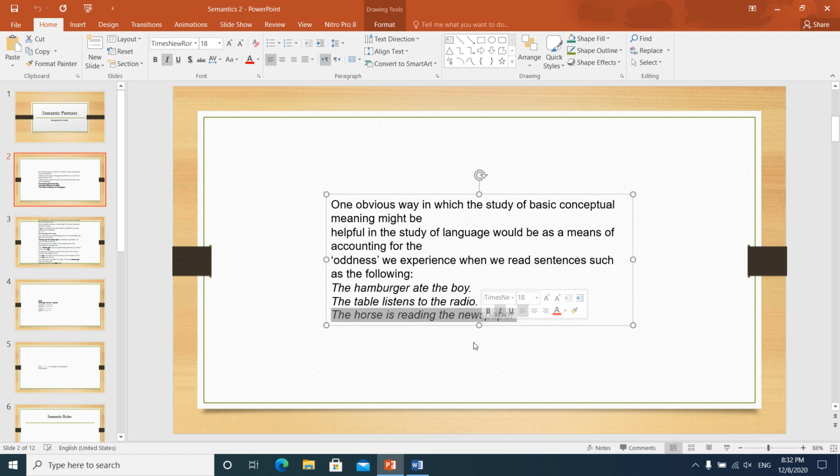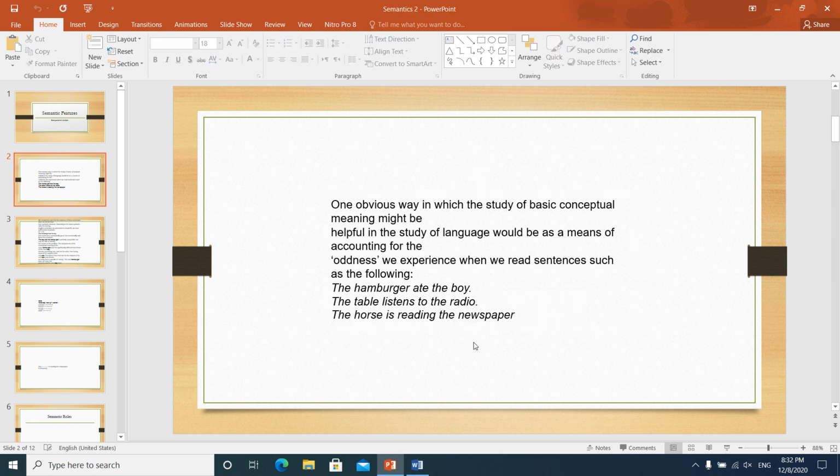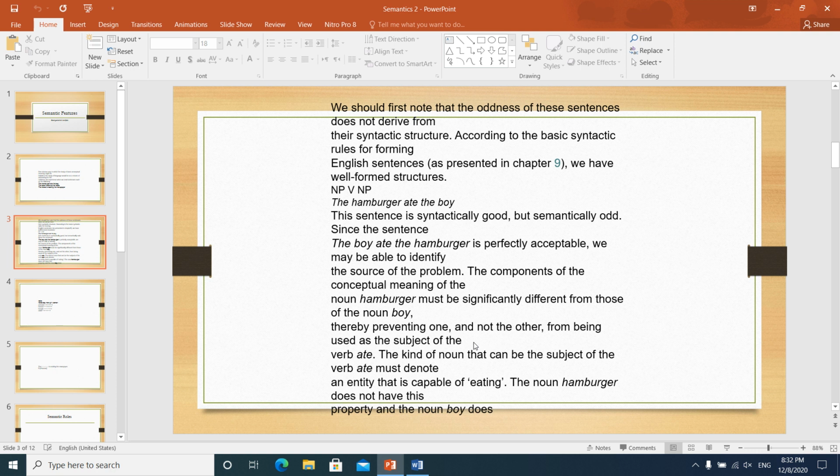There's nothing wrong about their grammar, but they are odd sentences, ill-formed sentences. Why is this? Because of their meaning. So when we speak, we need not only to put words together to make sentences as far as grammar is concerned, but we need meaning.